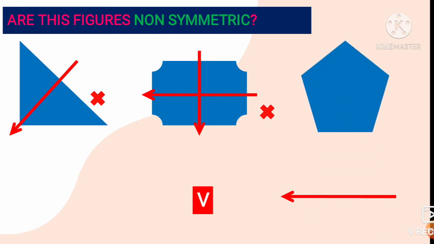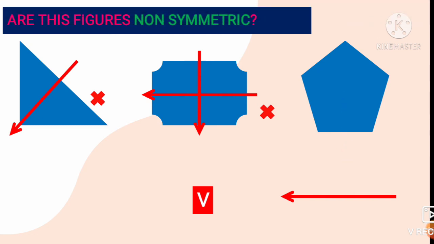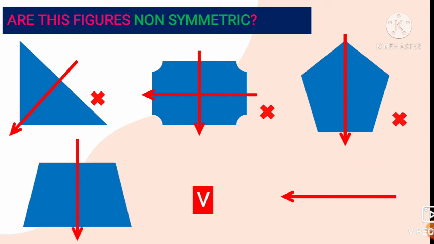Are these figures non-symmetric? Can we put the line here? So this is symmetric. The answer is no. What about this? Can we put the line here in the middle? No, we can't. That still does not fit exactly. So this is no for non-symmetric.